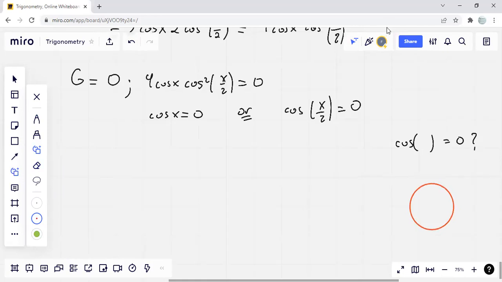We have here the x-axis that represents the cosine, and the y-axis that represents the sine. Here we have the point 1, 0, where cosine is 1 and sine is 0.